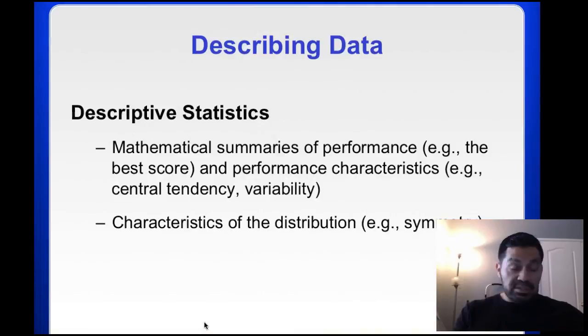descriptive statistics. So it's mathematical summaries of performance characteristics, and characteristics of distribution. So this is what will allow us to understand our population, our sample.